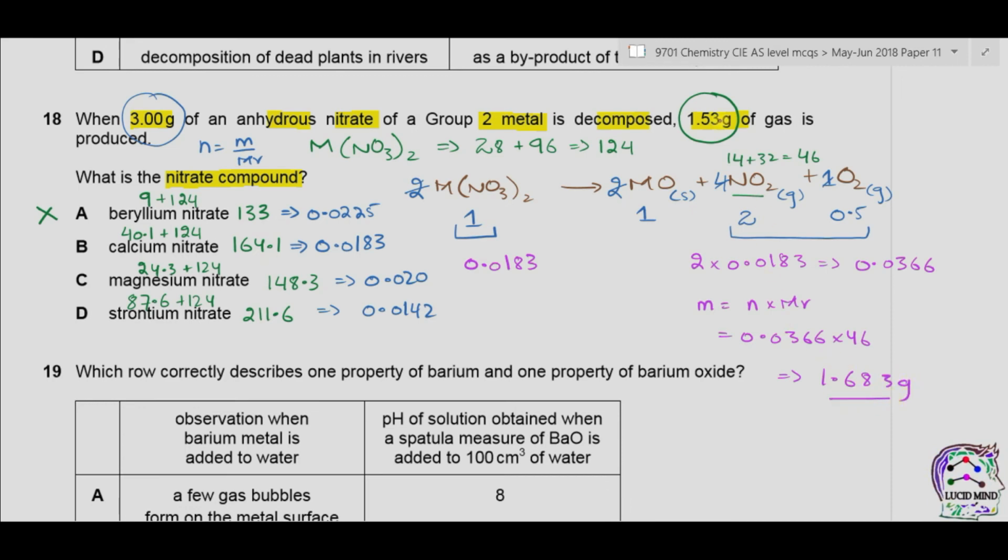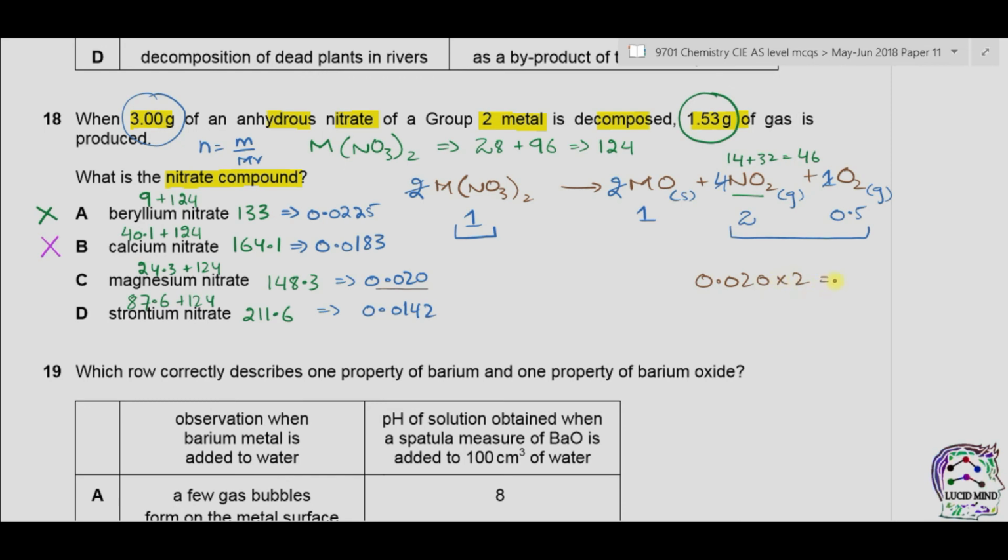Again 1.683 is greater than 1.53, so therefore B is also wrong. Now doing the same for magnesium nitrate, as the number of moles is 0.020, NO2 will be doubled. Now finding mass. Again this is greater than the given amount, so it is also incorrect.